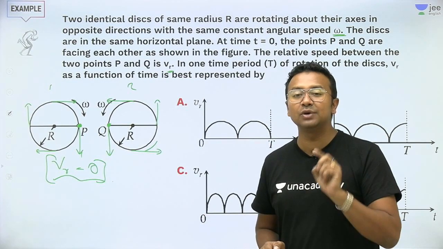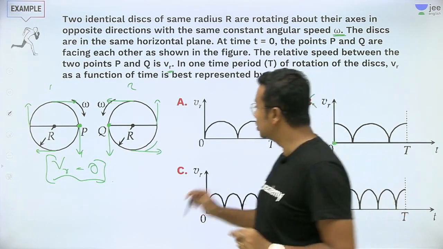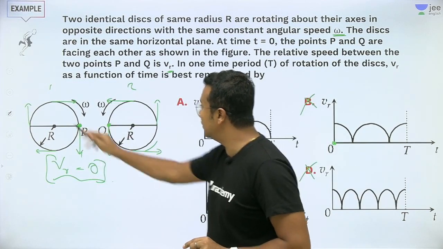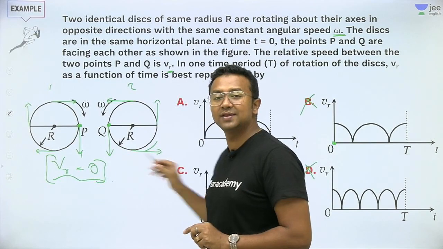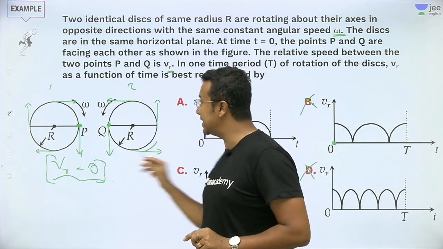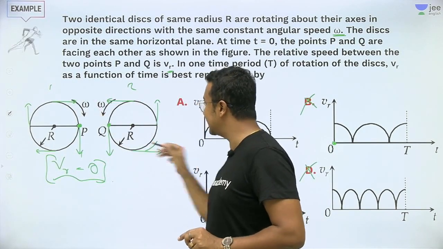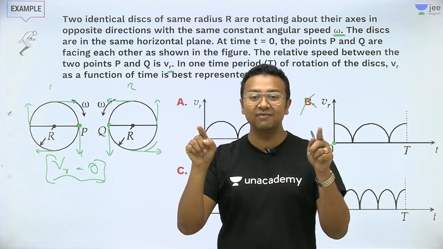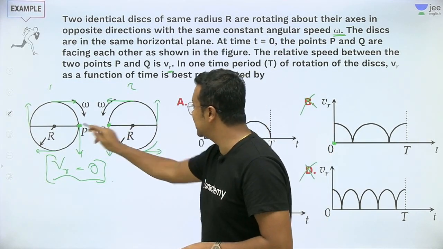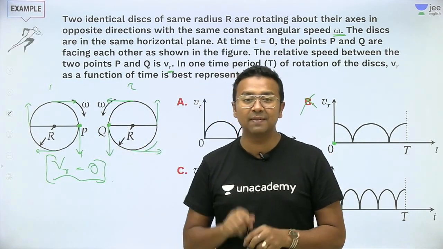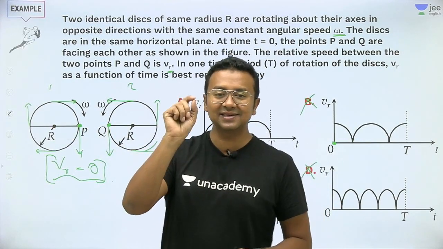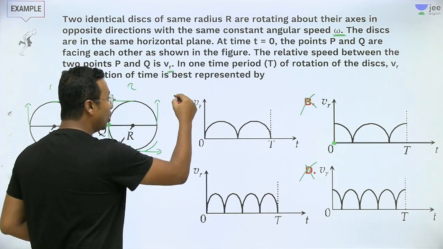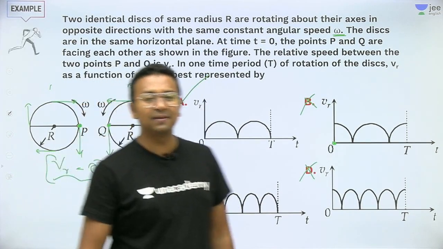And in velocities you need to consider the direction also. So here the velocity is downward, there upward. Here when they are facing, their velocities are not in the same direction. So at these 2 points, they are going to have a maximum value. Here the relative velocity will become 0, and here also 0. That means, which option is the correct one? Option A will be the correct one.